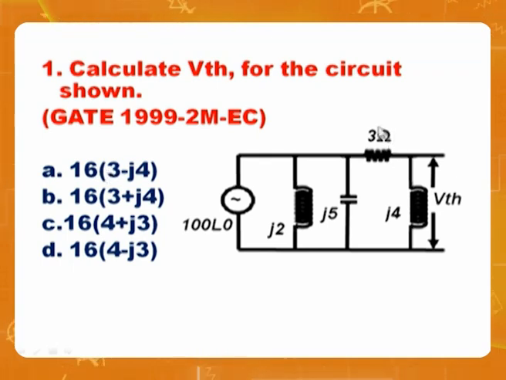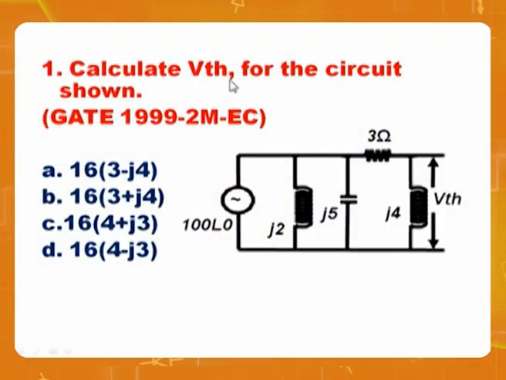Ready? Let's go. If you look at this circuit, J2, J5, J4, they are the impedances you have. One thing here, they already converted it. You don't need to convert into impedances. You know why? Because if you are converting into impedances, you need frequency.